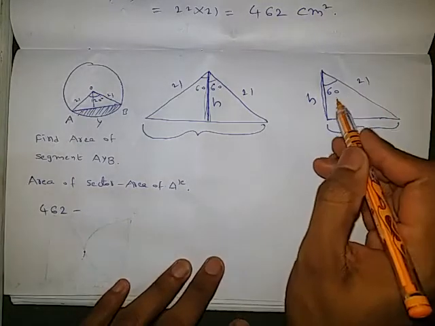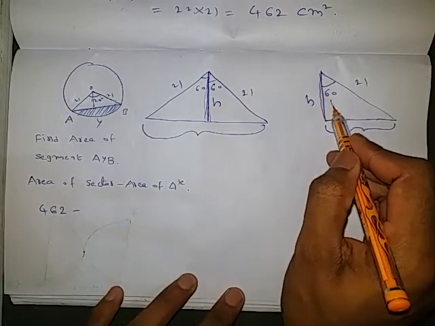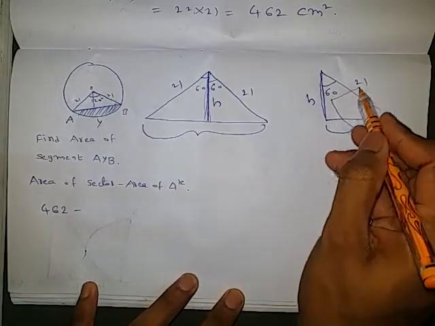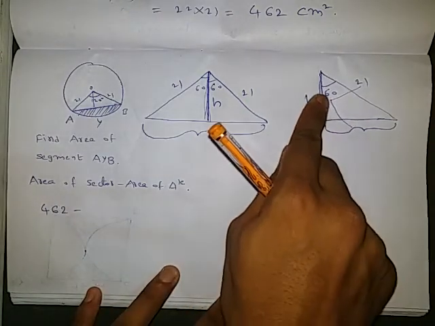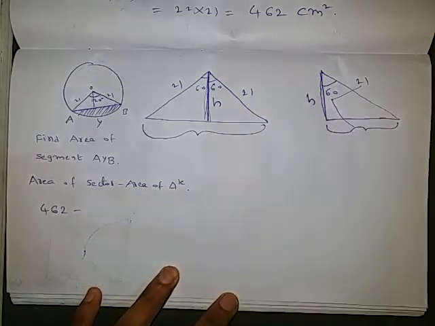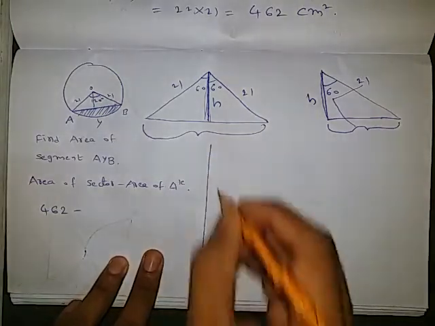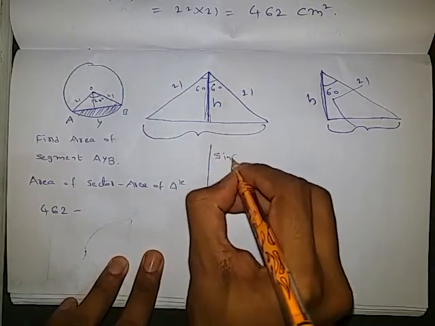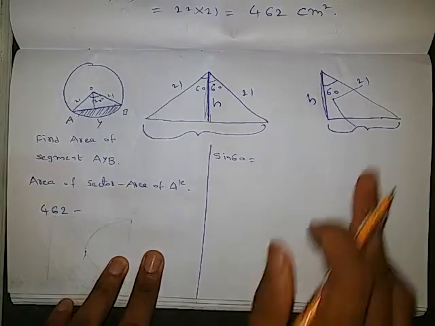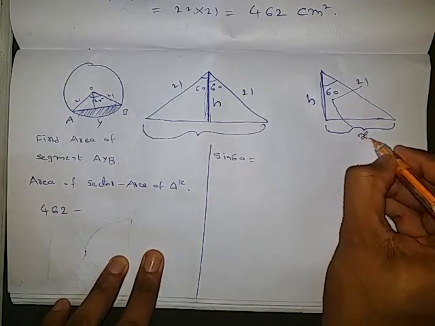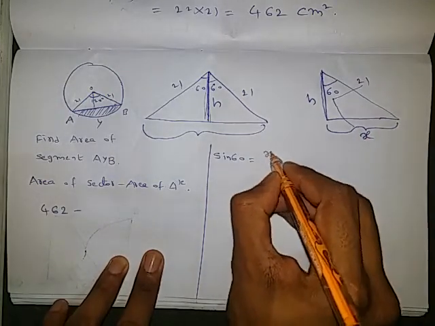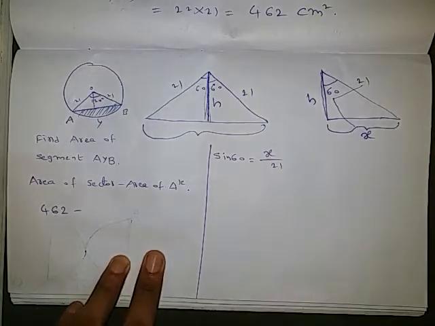So we have one angle. This is the opposite side and this is the hypotenuse. Angle, opposite, hypotenuse. So which trigonometric ratio do we need to take? Obviously sine. So sine 60 is equal to this opposite, I don't know, so I am taking some constant x, opposite by hypotenuse.